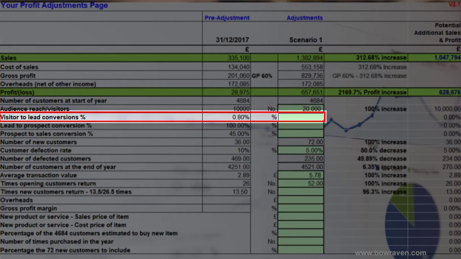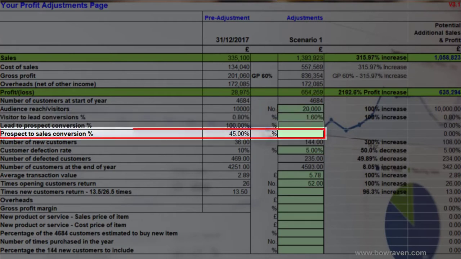The next one is to adjust the visitor to lead conversion rate. In other words, how many of those visitors actually engage with us and are more interested. They don't just come to the website and disappear. They actually engage with us. So that's going to be increased to 1.6%. The next number is our conversion of those visitors into customers, and we said we were going to increase that to 90%.